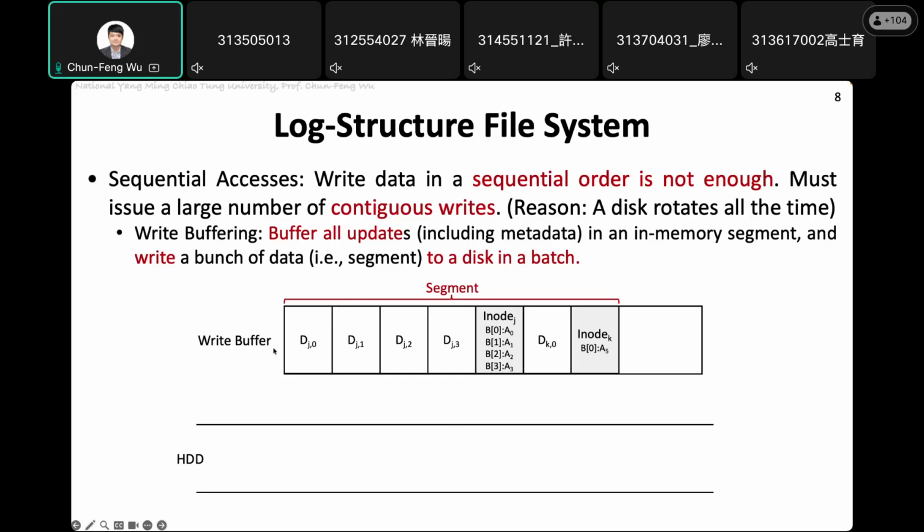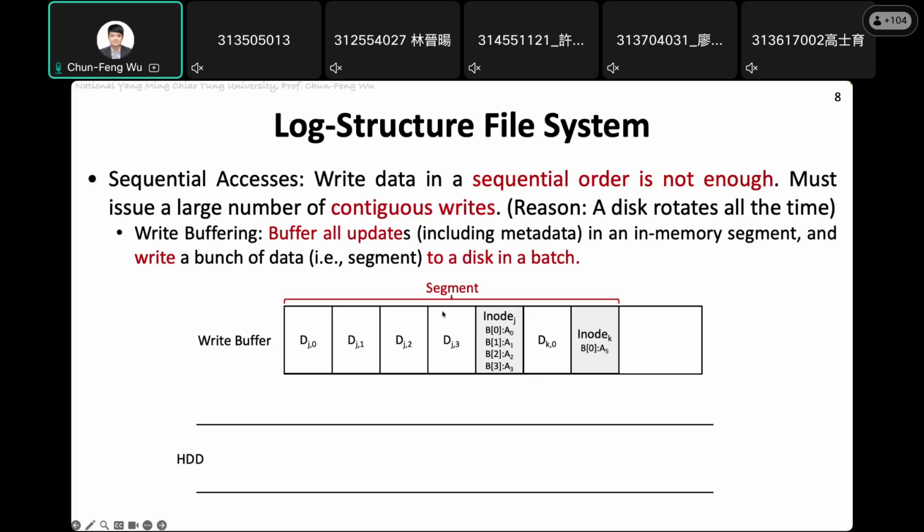So it is possible the D part and the inode part are not together. They are separated on the hard disk drive, because the kernel still needs some time to maintain the inode. It will not be instantly finished. And during the time the file system is preparing the inode, the disk already rotates several times, so you no longer know where to write the inode near the data.